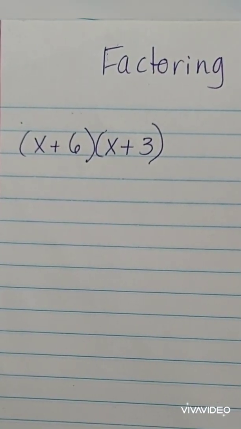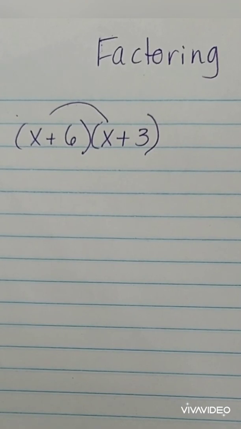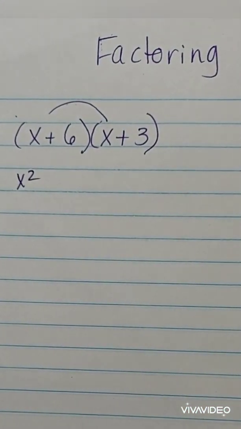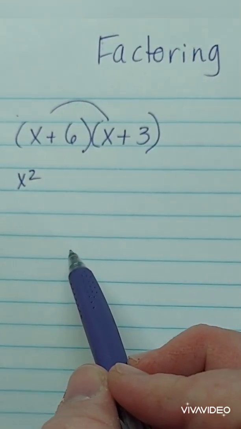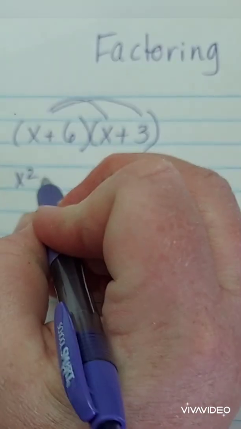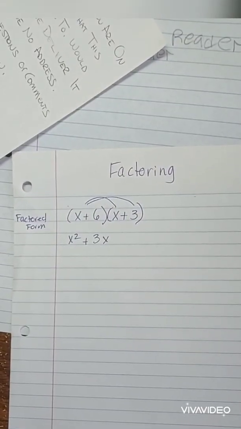So how would we normally have gotten this? We would rainbow it, right? So x times x is x squared, right? Sorry if this is blurring every time. And x times 3 is 3x.